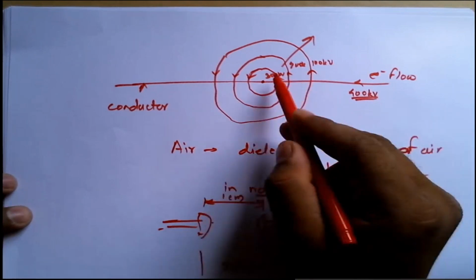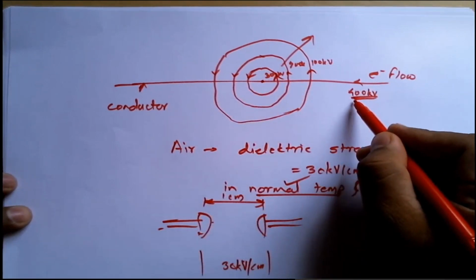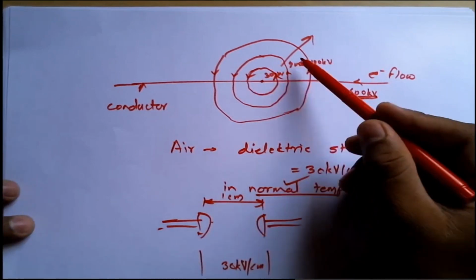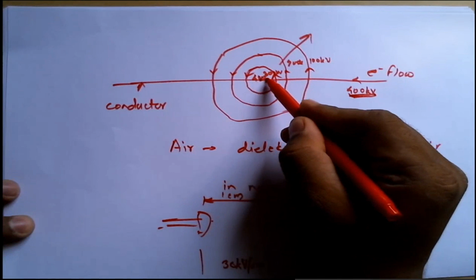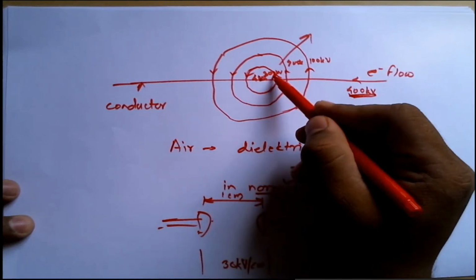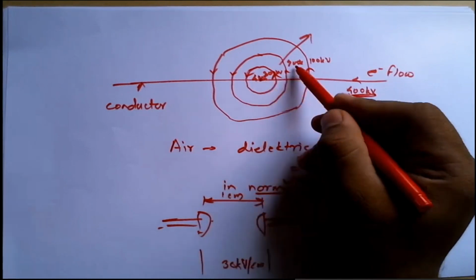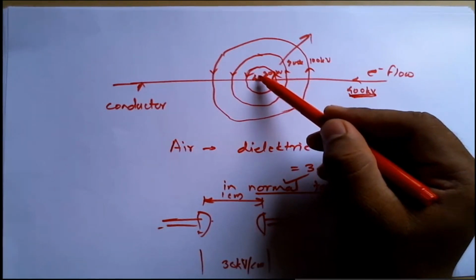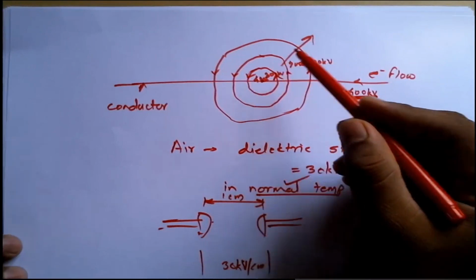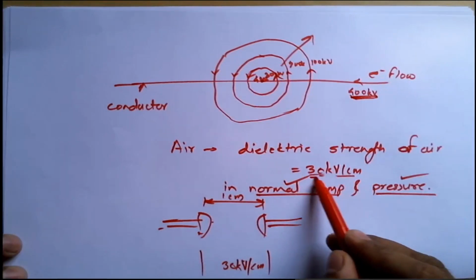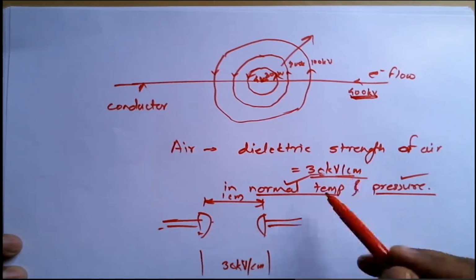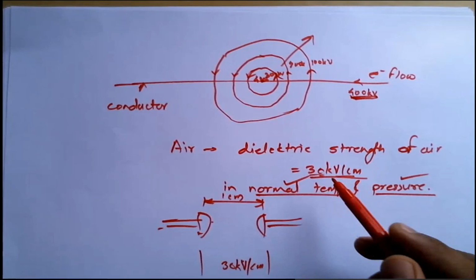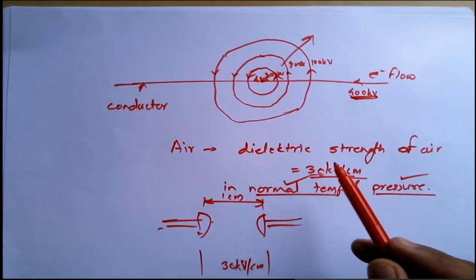If we consider this conductor, having near about a 400 kV line, at every distance, here it is 400 kV, here let us suppose 300 kV, here 200 kV. So a voltage gradient takes place near the conductor, and if that voltage gradient increases above 30 kV per centimeter, the nearby air gets ionized and tends to conduct.